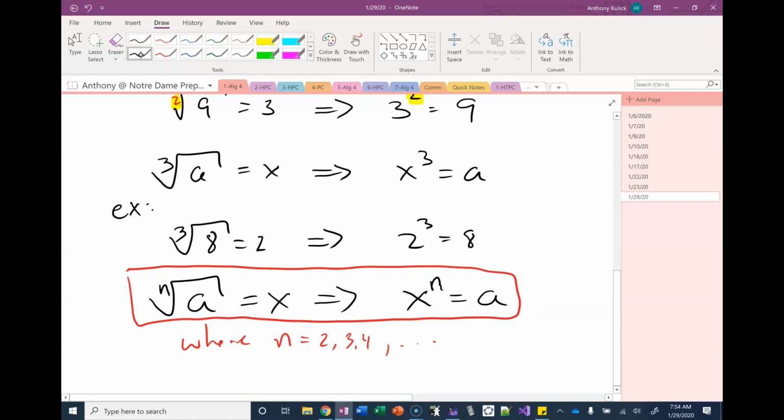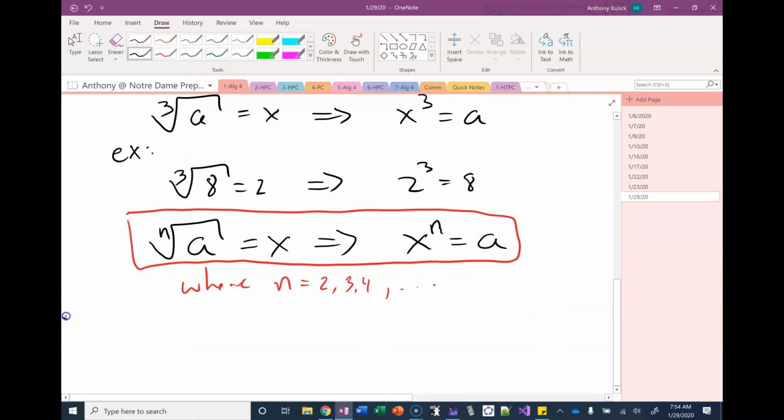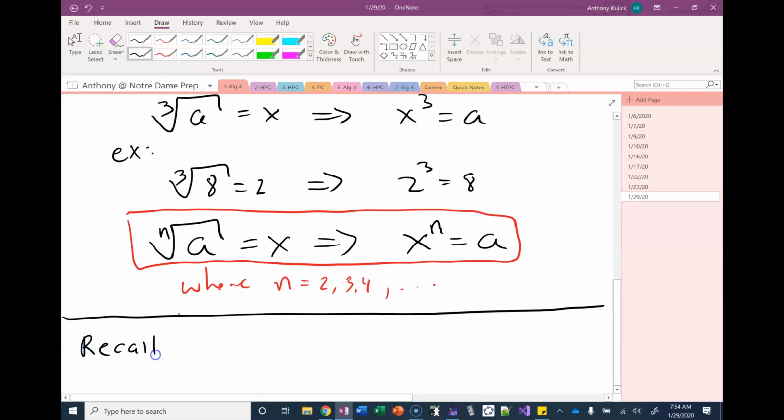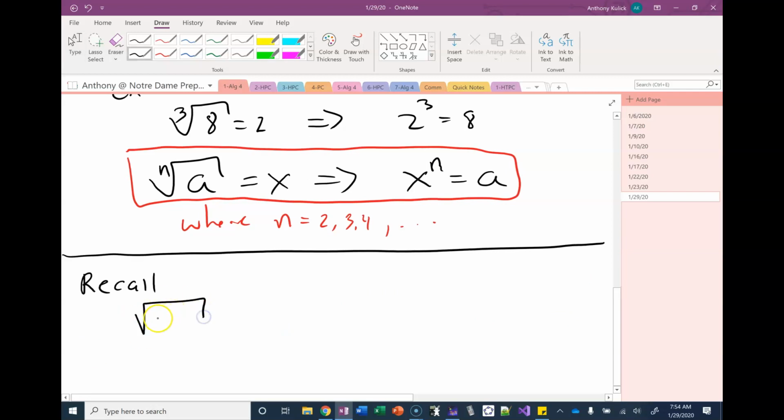Now, can we always take the square root of a number? No, right? What kinds of numbers do we have issues with? Negatives. This is something we spent some time talking about. And why is that the case?